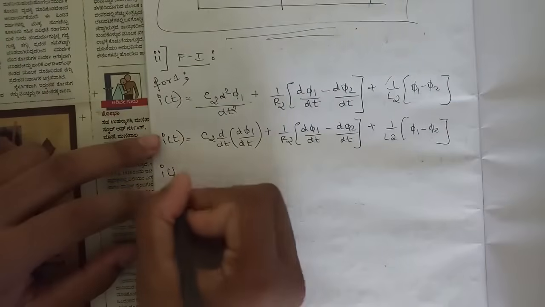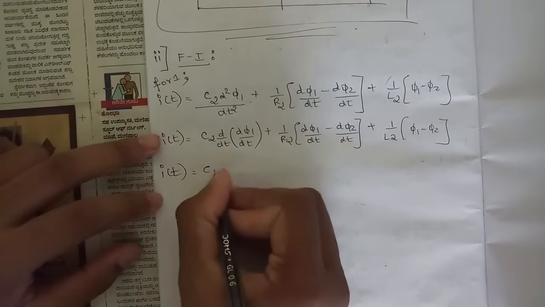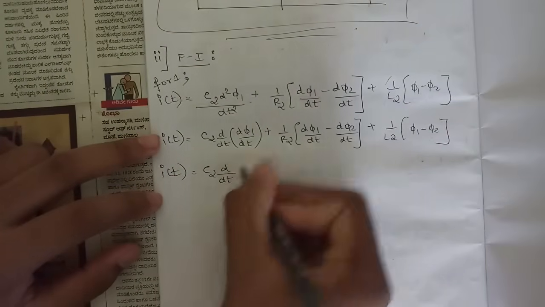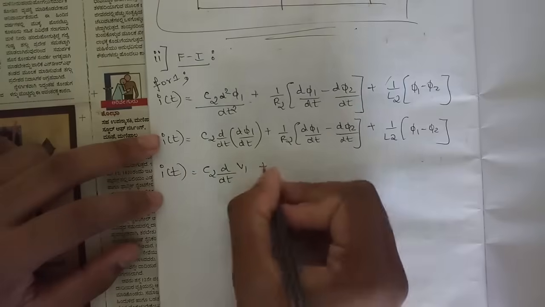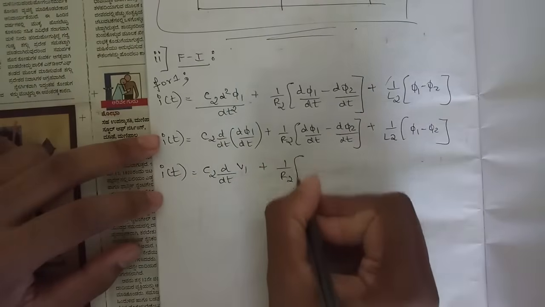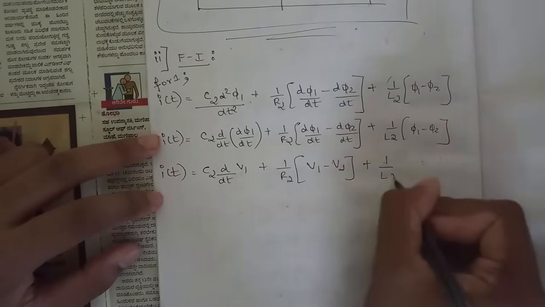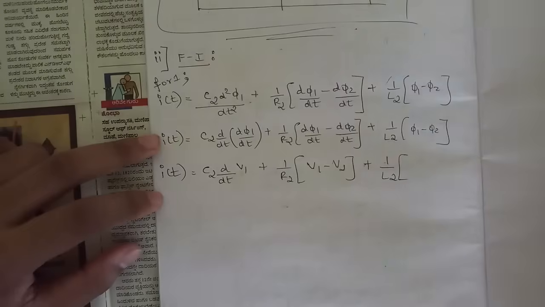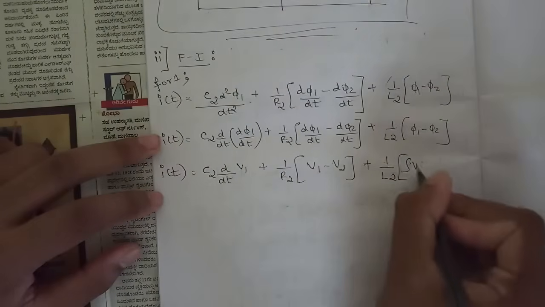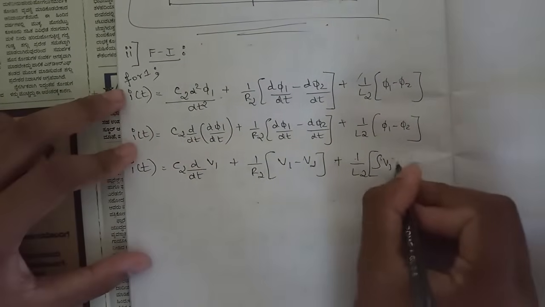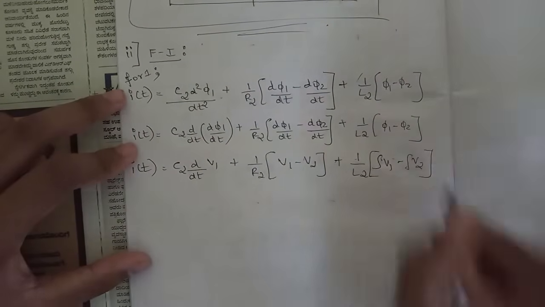So again we know that d phi by dt is equal to V. So d by dt of phi 1, we have V1 here plus 1 by R2 V1 minus V2 plus 1 by L2. Since we have only phi, phi corresponds to integration of V. So phi 1 is integration of V1 minus phi 2 is integration of V2.